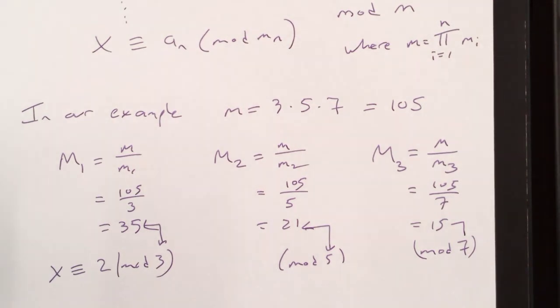Why do I care? Because it means any equation 35 something in mod 3 is going to have an inverse. Any equation 21 something in mod 5 is going to have an inverse. Any equation 15 something in mod 7 is going to have an inverse. These all satisfy the previous extended Euclidean algorithm idea. All right, wait a minute.